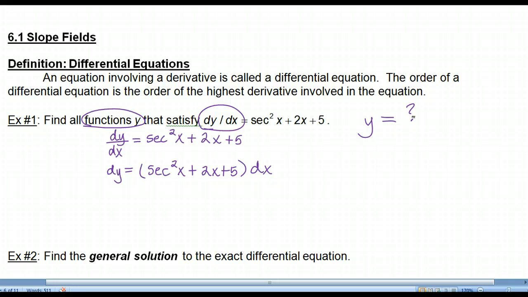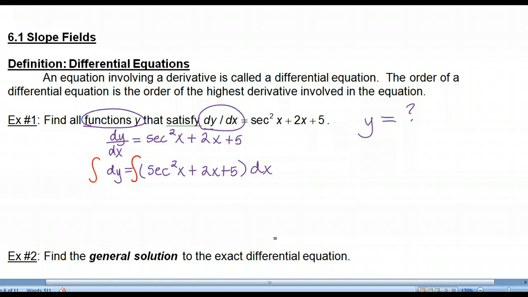This is where we're going to use the integral, because I want to get rid of the dy and dx. The only way I can get rid of them is to take the antiderivative of both sides. I'm going to take the antiderivative and put it in front. That's the only way to get rid of the dy and the dx: integrate.